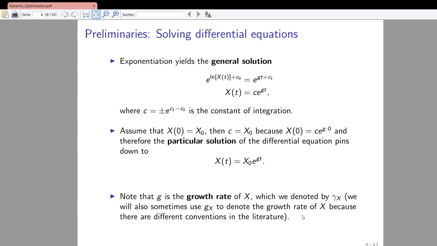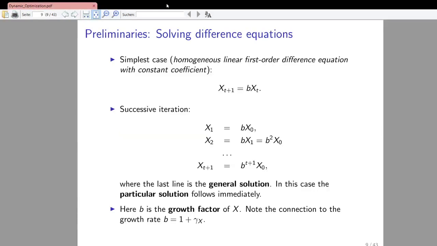So we might have both conventions in the slides, because I usually follow the ones in the particular book that I base the model description upon. So be aware that the growth rate could be denoted by gamma x or by g sub x of a different variable.